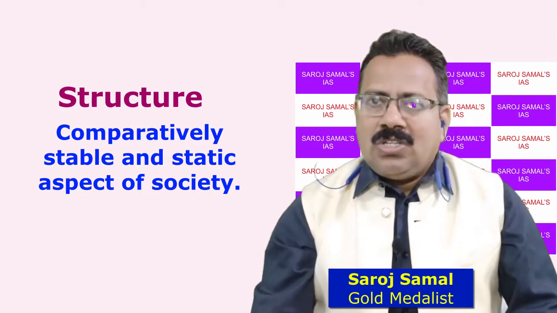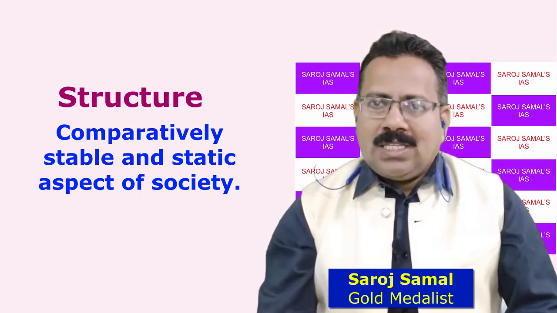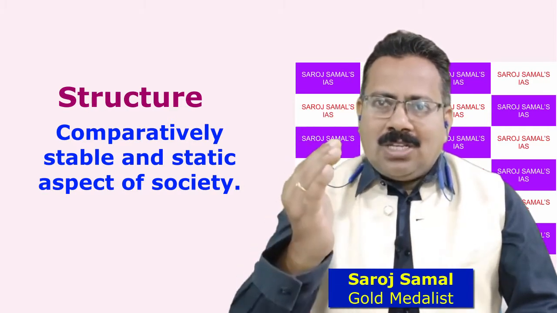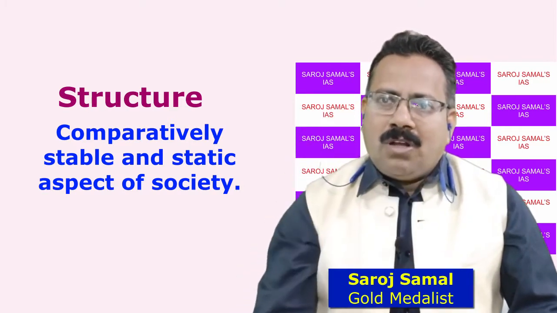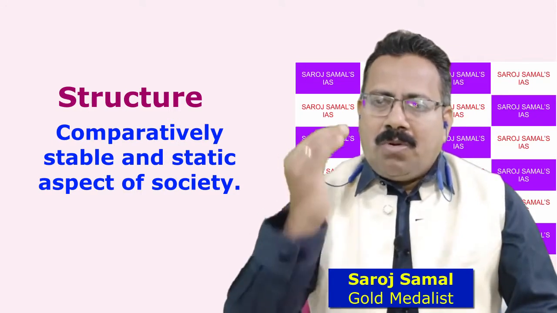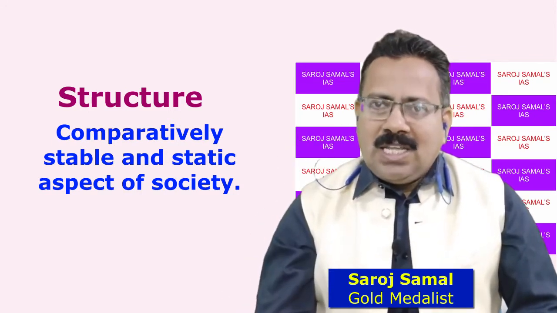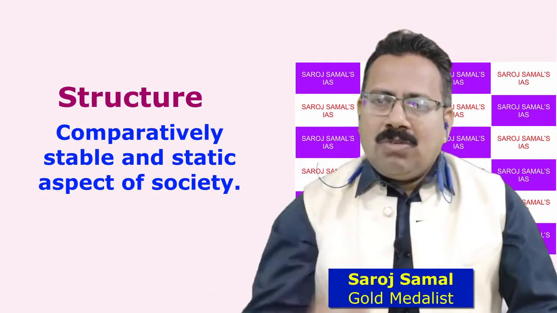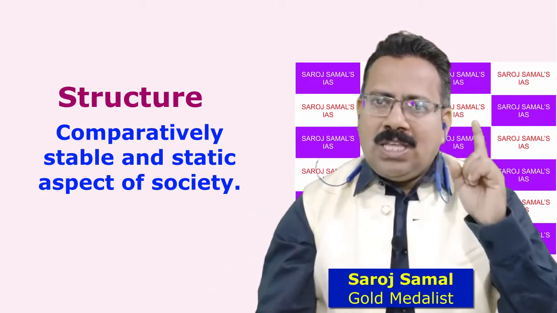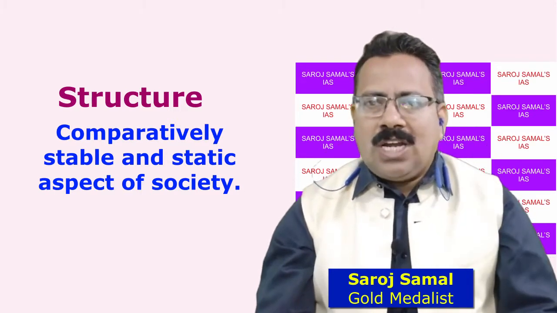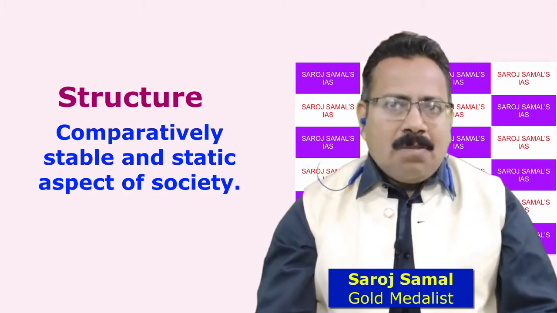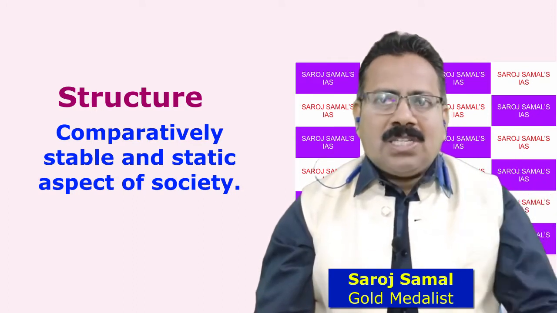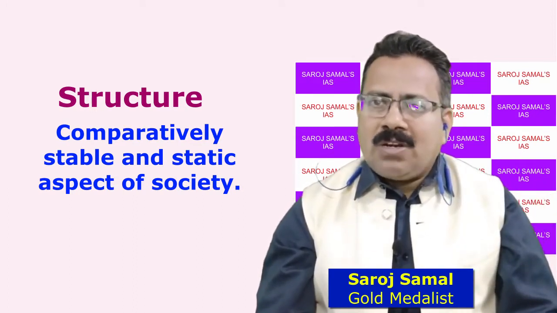First is joint family, second is caste system, third is agriculture as the backbone of our economy, fourth is patriarchy, fifth is higher religious orientation. So while we think about the structure of Indian society, we basically think about the comparatively static and stable aspect of our society.